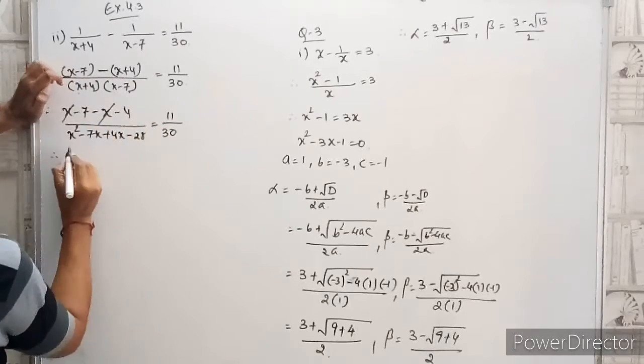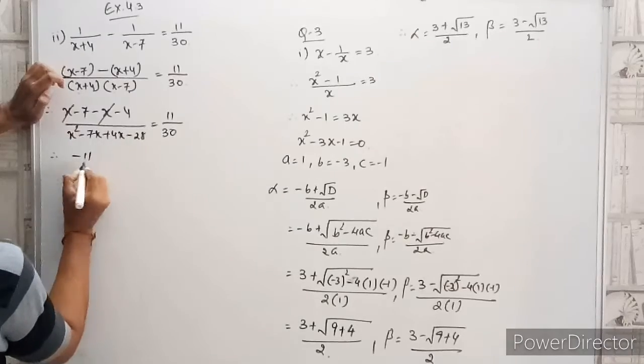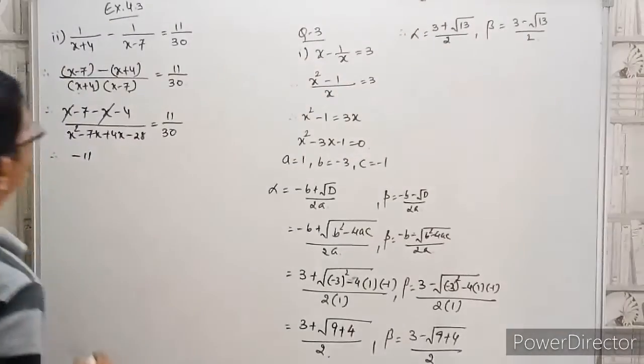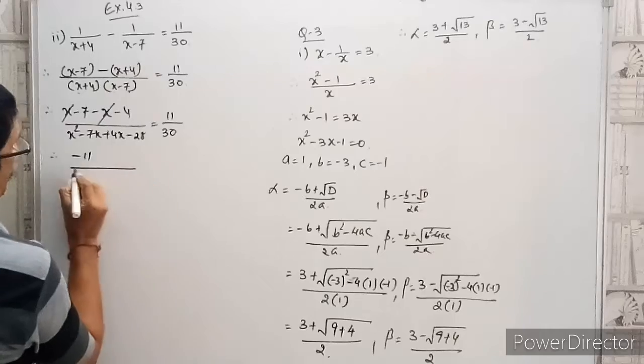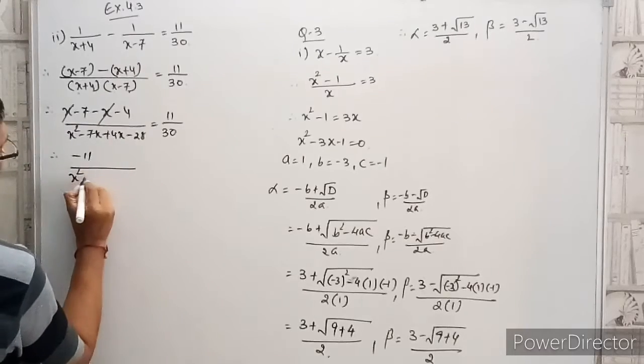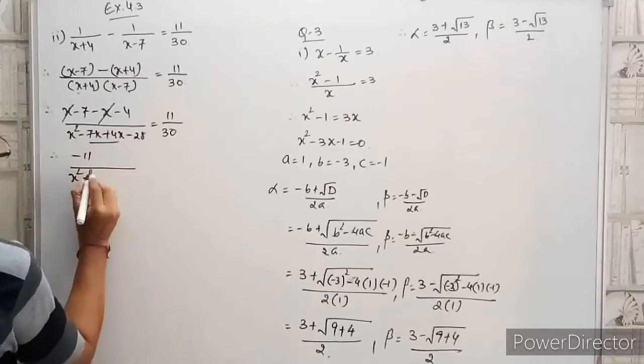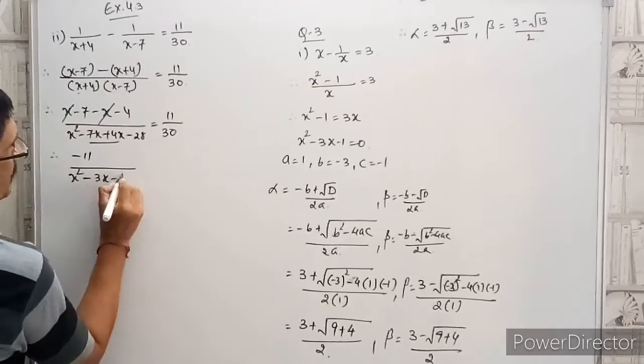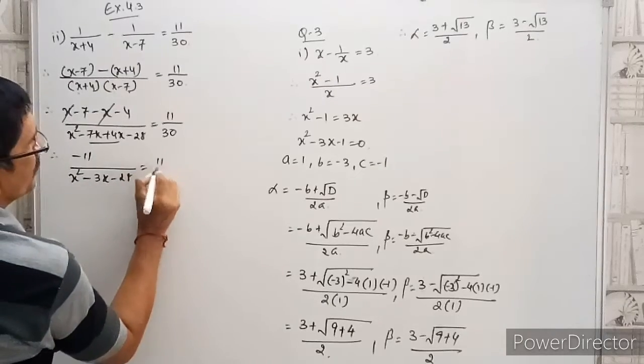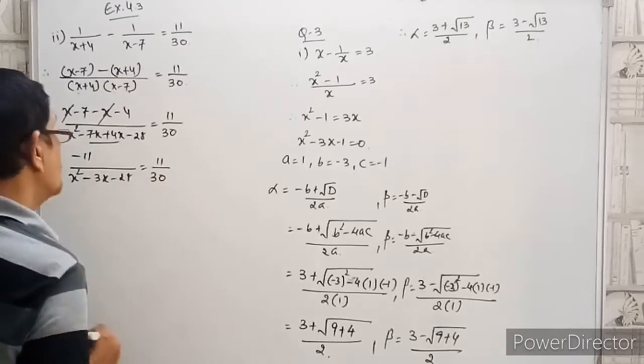Simplify this, x cancel, so minus 11 upon x square minus 3x minus 28 is equal to 11 upon 30.